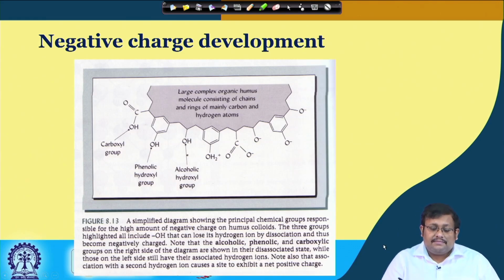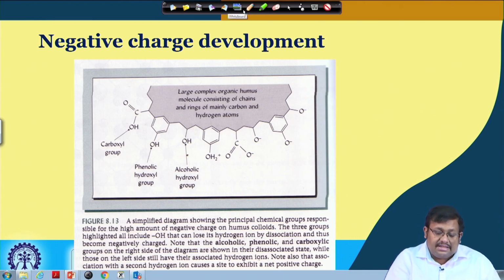So, if we see the structure and the different acidic groups which are present in the humic substance or humic fraction, you will see that the major groups which are present are basically alcoholic hydroxyl groups and phenolic hydroxyl groups as well as carboxyl groups.